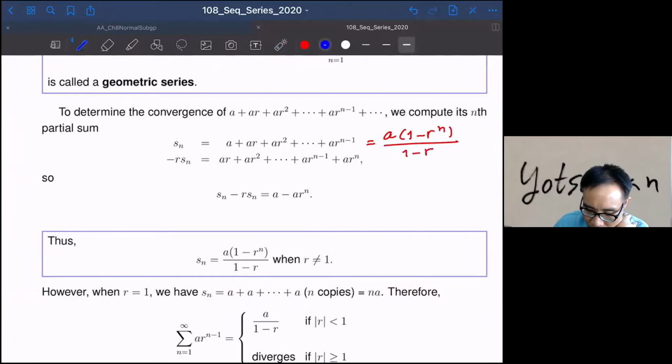This one is induction that we studied last week.